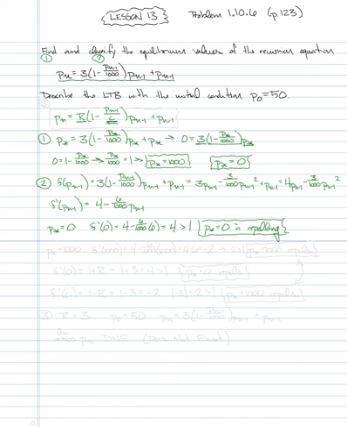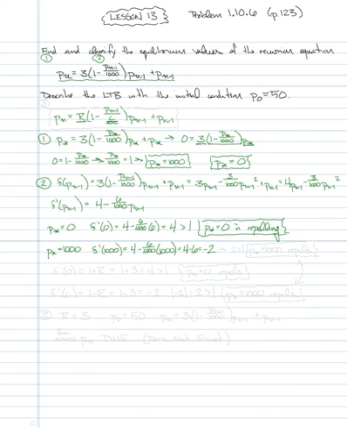Now I'm going to look at p star is equal to 1,000. Again, I'm going to evaluate the derivative at 1,000, which is going to be 4 minus 6 over 1,000 times 1,000, which is equal to 4 minus 6, or negative 2.